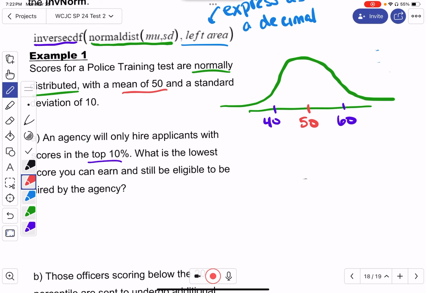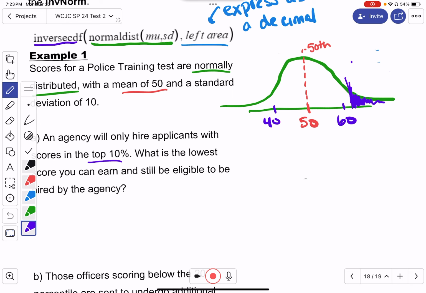I know that the 50th percentile sits here. If I'm in the top 10%, I must be doing better than the 50th percentile, so I'm going to fall on the right-hand side of the median. The top 10% is going to fall somewhere out here, and if I'm in the top 10%, I'm also to the right of this value.